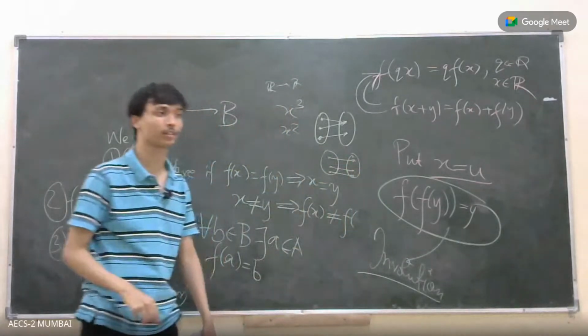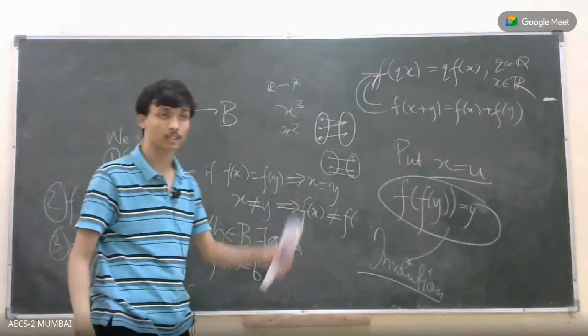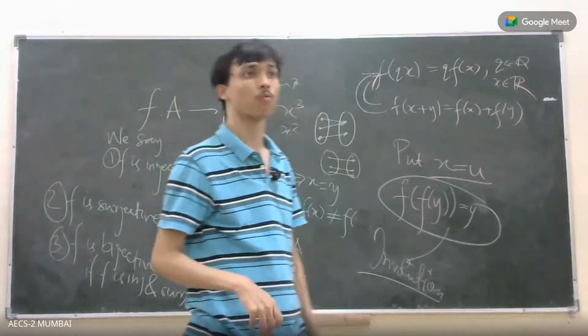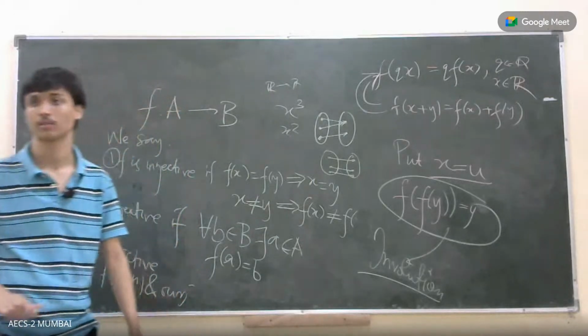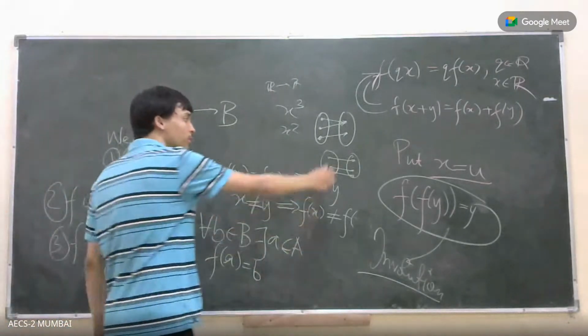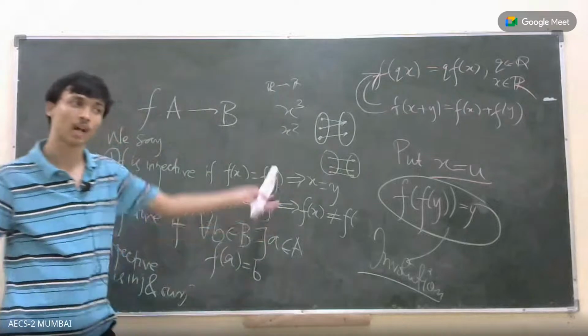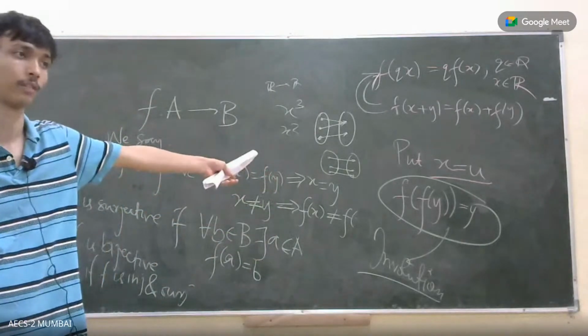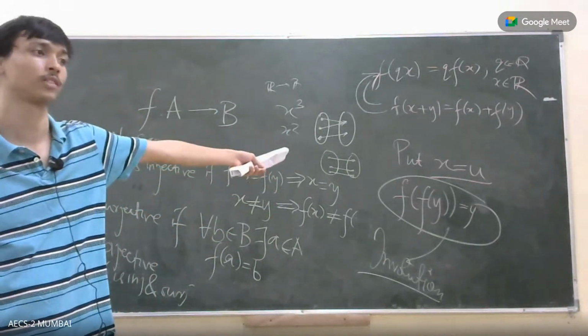Yes. Is it surjective? No. What should I do to make it surjective? I should remove this extra point here. Now it is surjective and injective also. So this is a function which is bijective.